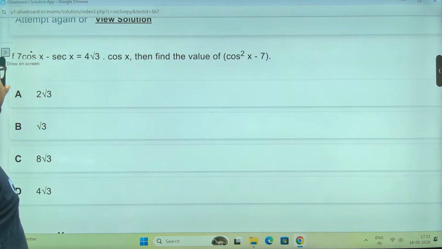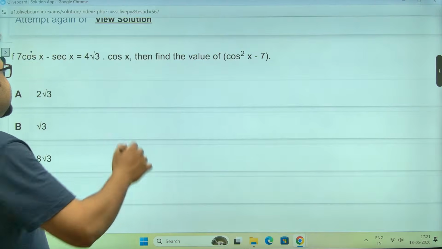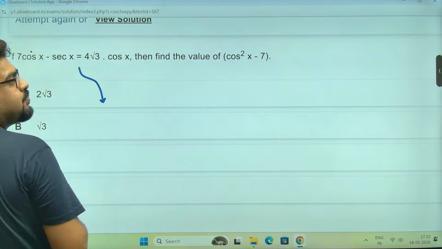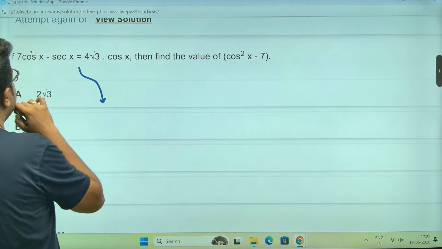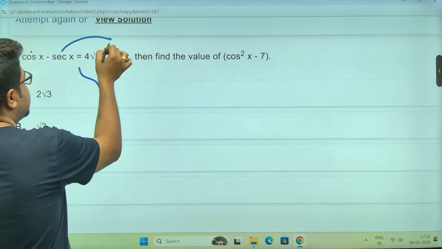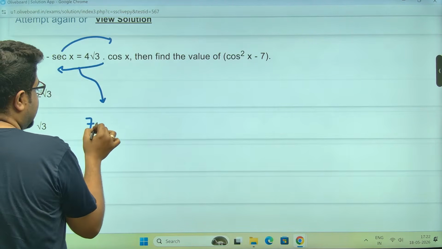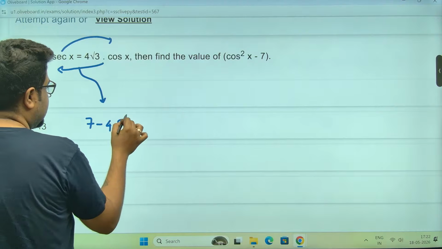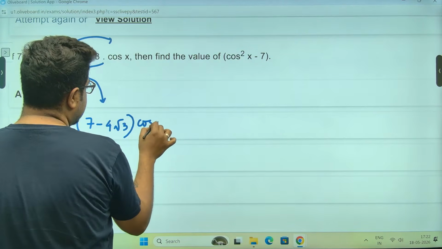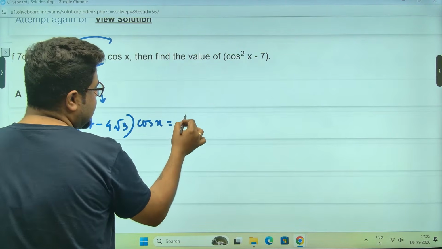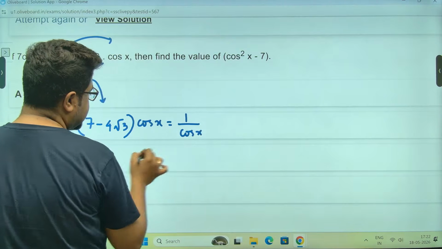Next one, please. 7 cos x is this. Again, this is very simple. Take this to this side, take this to this side. 7 minus 4 root 3 cos x is equal to sec x, which I can write as 1 by cos x.